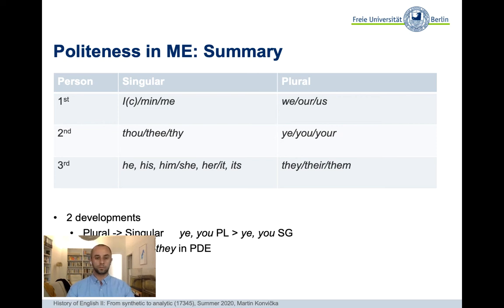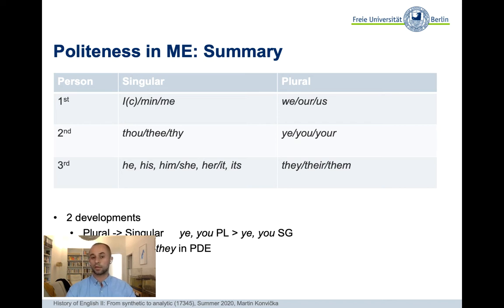So to sum up, we have seen that there are basically two developments in Middle English in terms of pronouns. There is this one generalization of the plural pronoun "ye" that becomes used also in the singular, right?